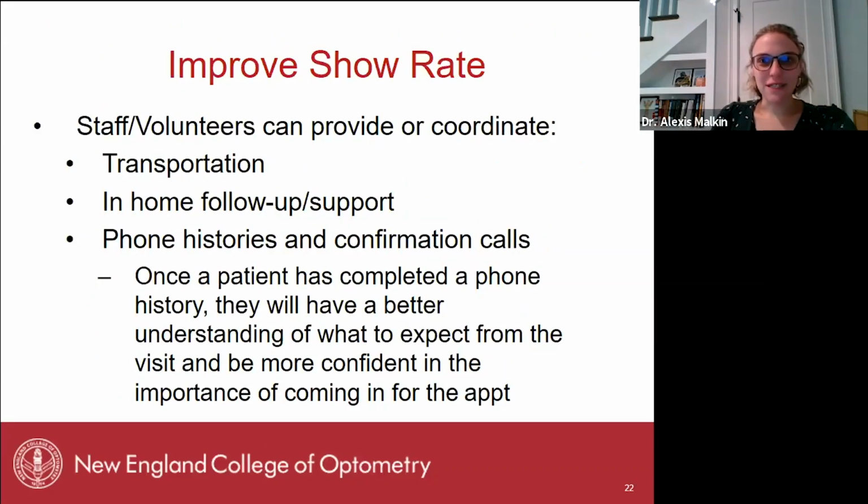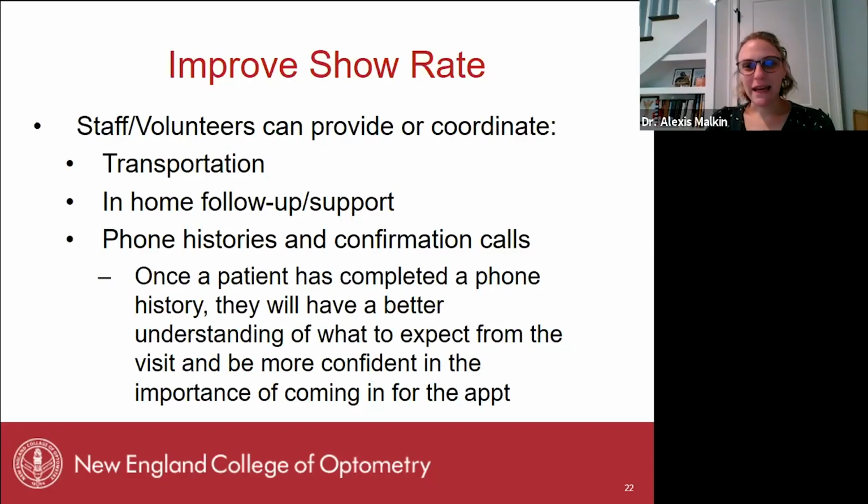My volunteers here in Massachusetts have also helped, as I said, coordinate transportation. They've been really good about doing in-home follow-up and support. So they will do a follow-up phone call after they brought someone in for an appointment with me. In some places, they're having volunteers actually do the patient history over the phone ahead of time.